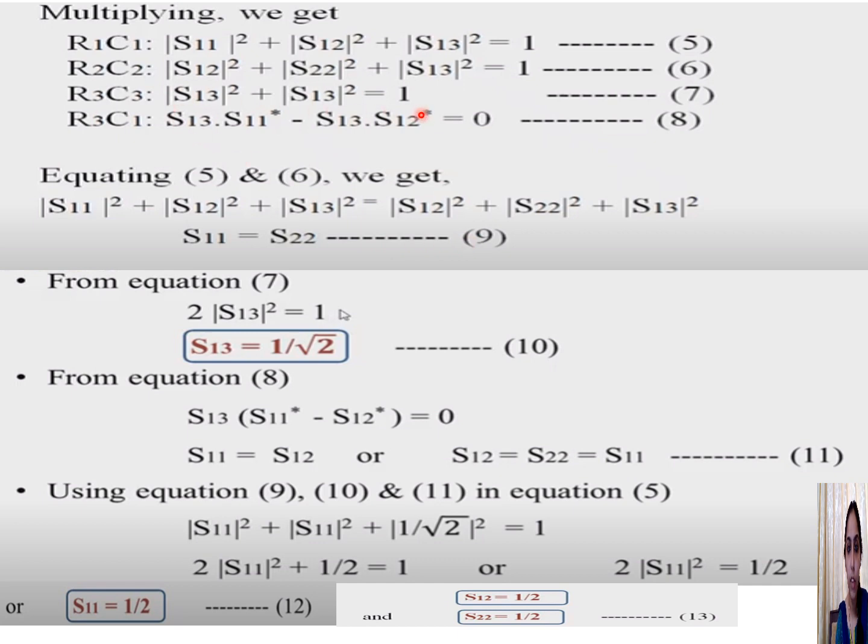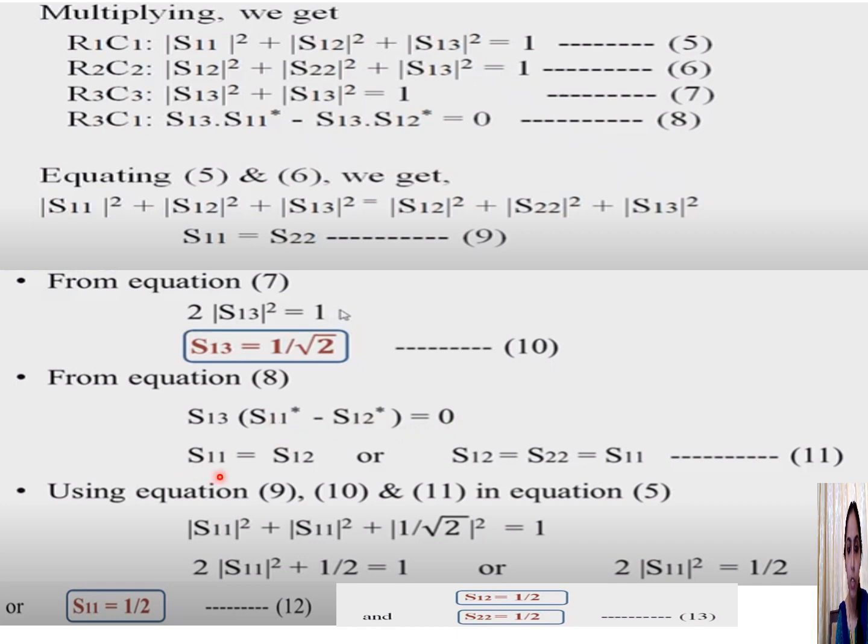Consider equation 7, what we get? S13 value to be equal to 1 by root 2. That is the 10th equation. Now consider equation number 8. What we get? S13 into S11 conjugate minus S12 conjugate is equal to 0. Okay, so S13 cannot be equal to 0. So we can consider this particular term.